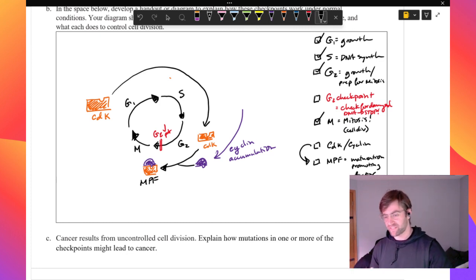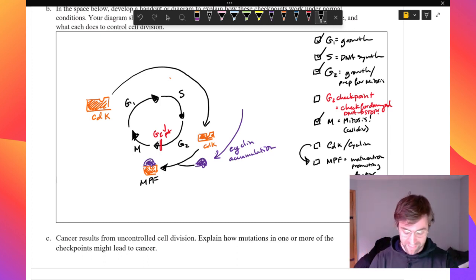Memorizing the names of these is helpful when we look at these abbreviations, because they really tell you what they're for, and you can kind of intuit where they belong in this process. Maturation promoting factor, we're trying to mature the cell, right? Shows up in mitosis because we have a complete cell that we are then trying to move along in this process. You have a mature cell, right, that is dividing.